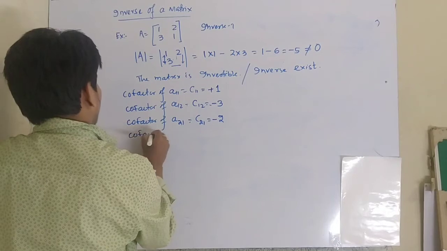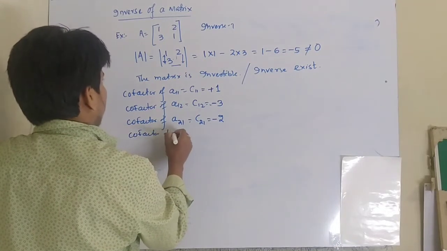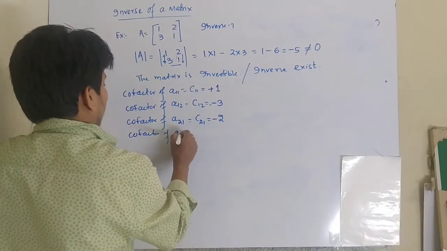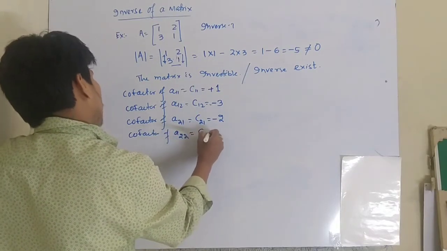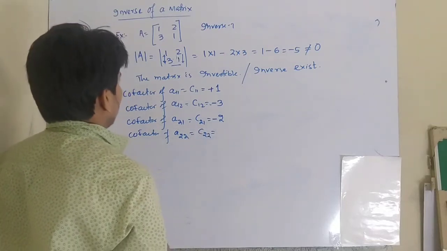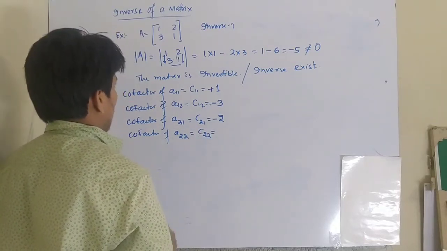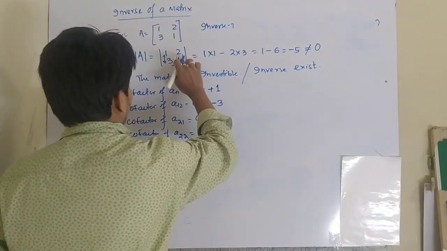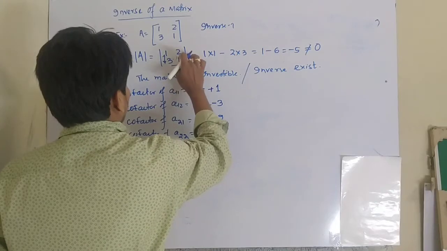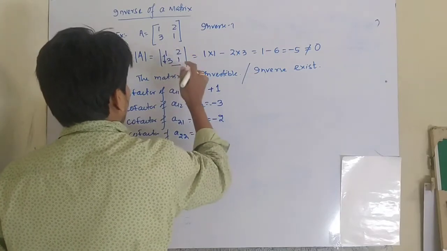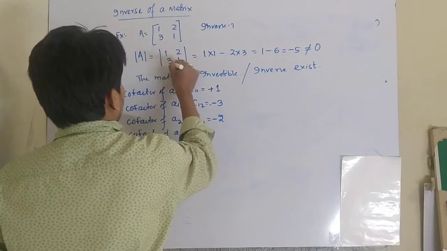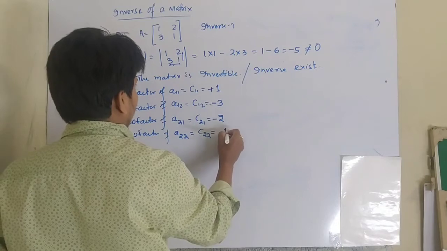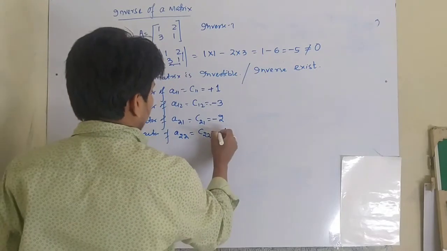And the cofactor of A22 is C22. You have to leave this row and this column, which means only 1 is left, and the sign is plus.